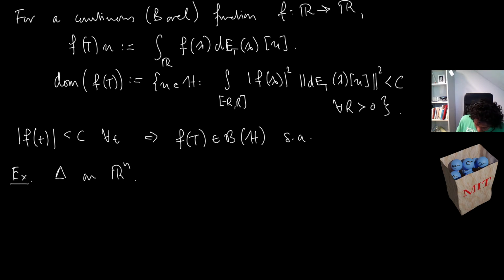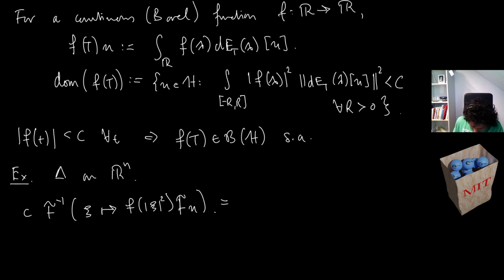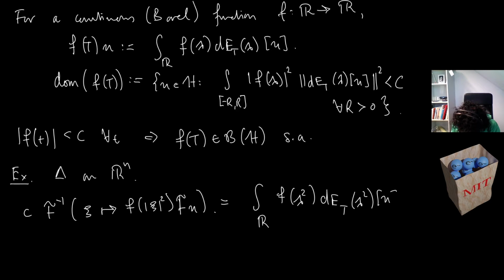So maybe write f inverse of psi mapping to f of modulus psi. f of u, up to some constant, is basically, I'll write it out in integral form here, taking f of lambda squared d e t lambda squared of u. Okay, so I mean lambda.